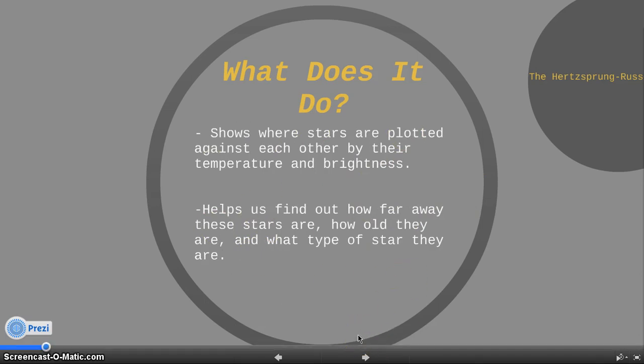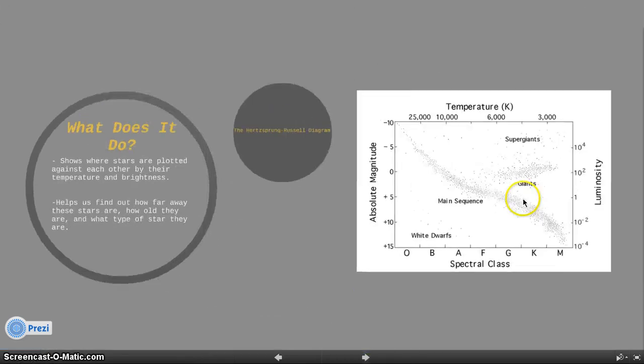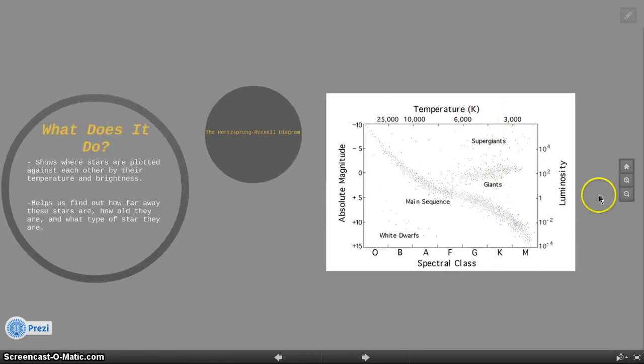Just by looking at this diagram, you can determine the life of the star. It's very useful. So, this is the diagram itself. I'm going to be using the sun for an example. Don't worry about spectral class. Let's say we know that the luminosity of the sun is 1.